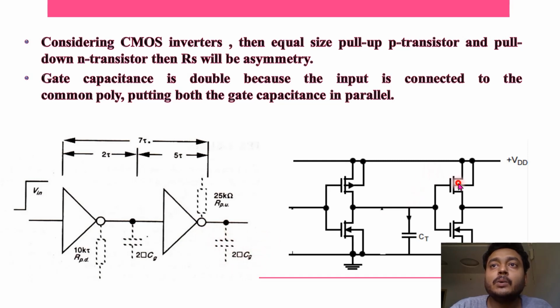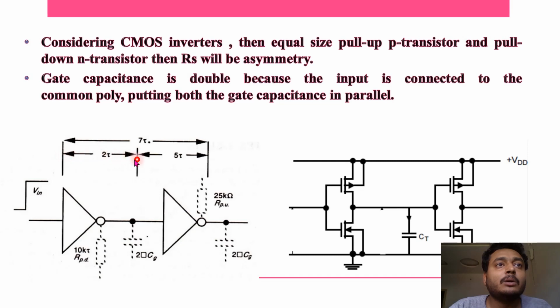That means 2 into 2.5 RS into CG, and 2 into 2.5 is 5. So you are going to get 5 RS into CG, that is 5 tau. So that is shown here.